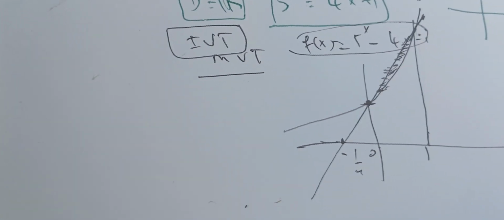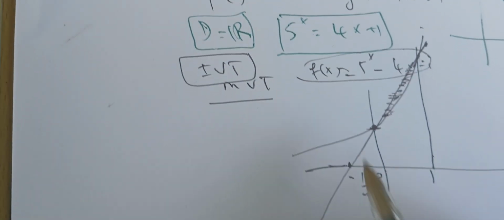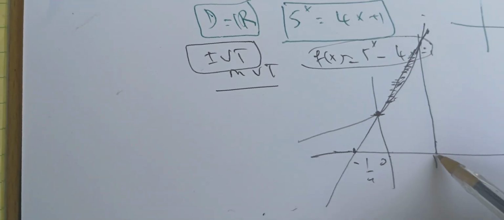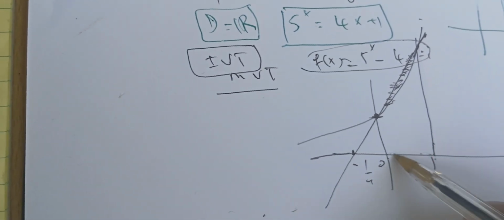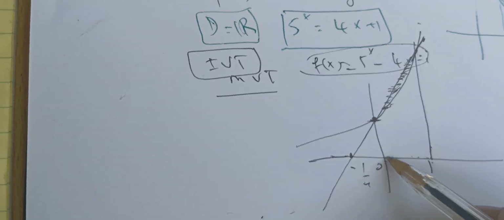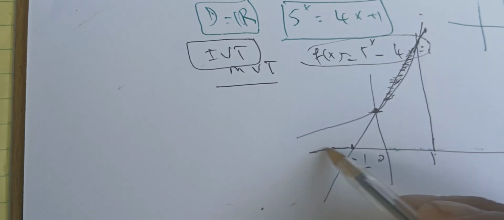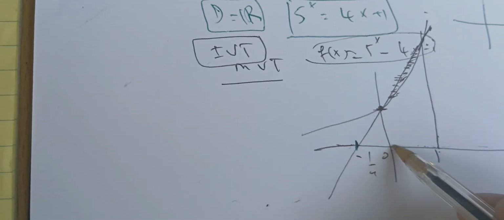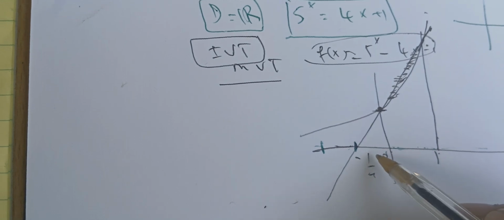So the issue now is to prove that 0 and 1 are the only solutions. Between 0 and 1, to prove that there is no other solution here, we use the mean value theorem. We apply it here, and here we use the same thing, and here we're going to use the mean value theorem between, let's say, any number less than 0 and 0.